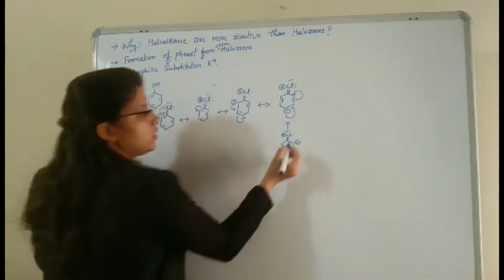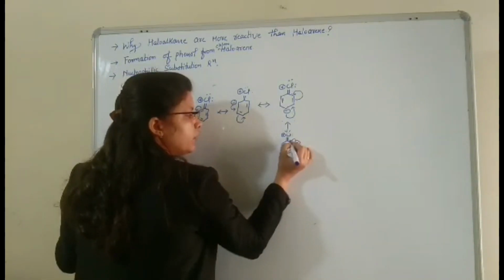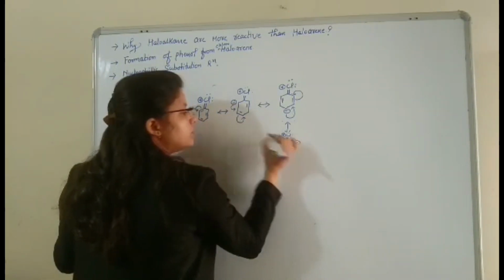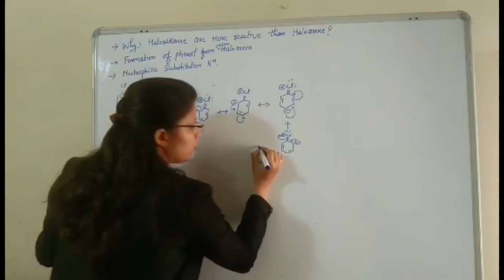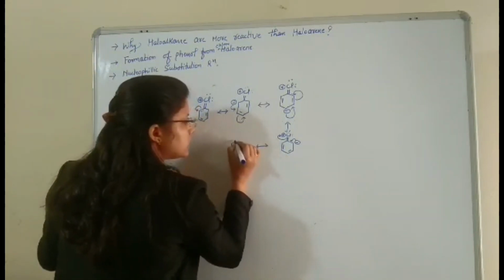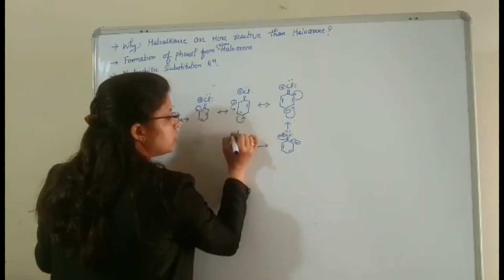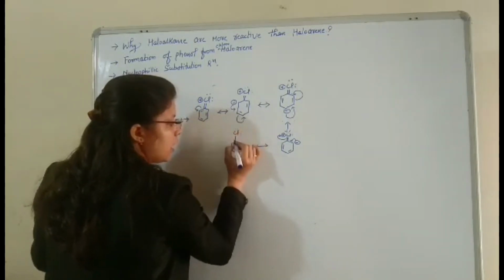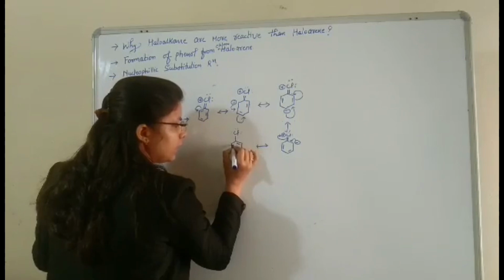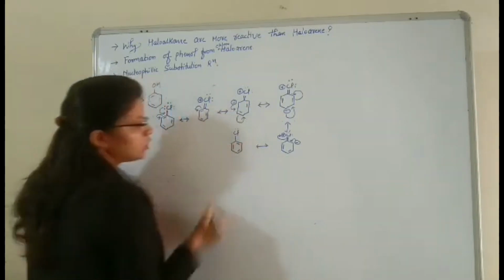Okay. Then this negative charge will move here and this bond will shift here. Again automatically, chlorine will regain its lone pair of electrons and come back to its normal state, and here a double bond is there, here a double bond is there.